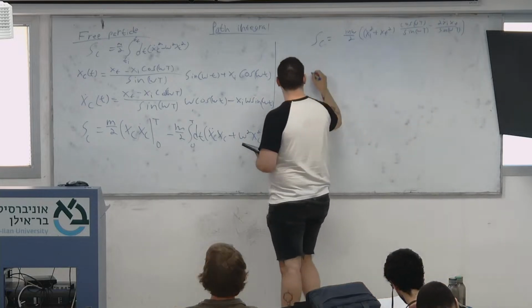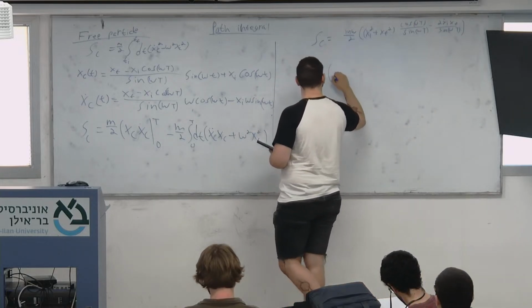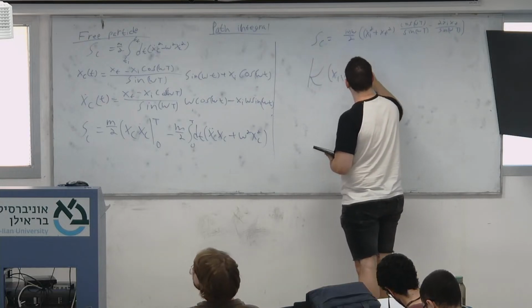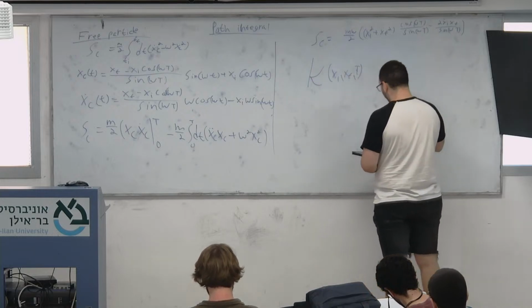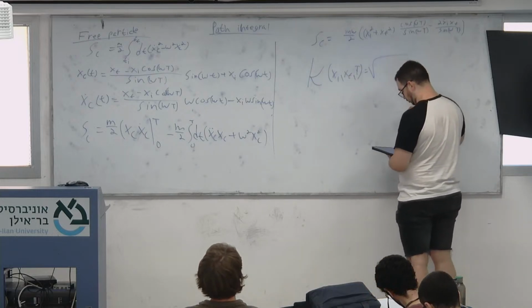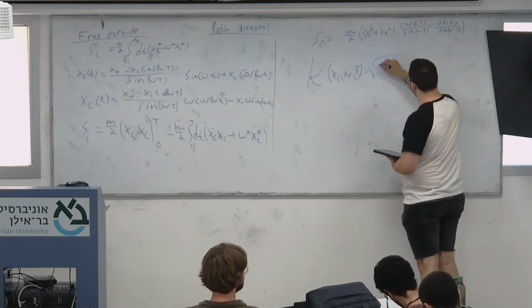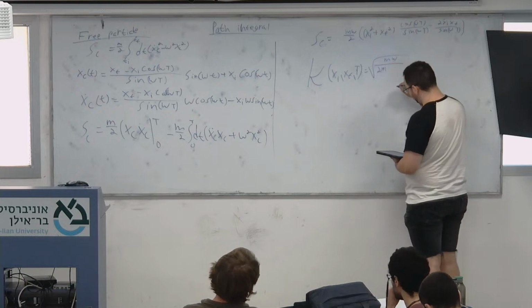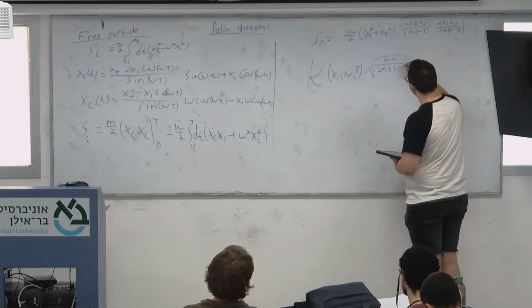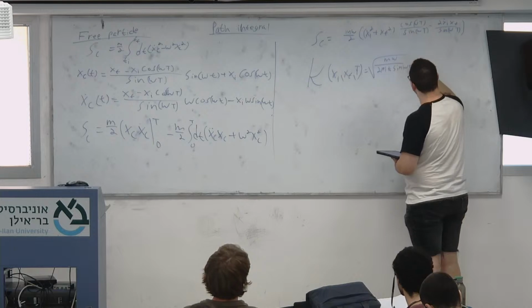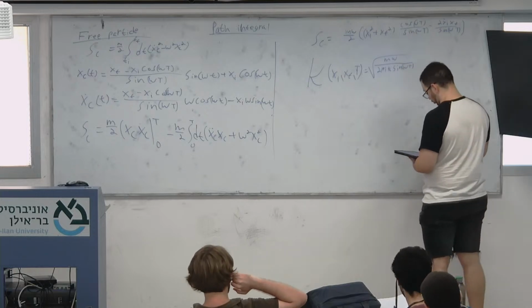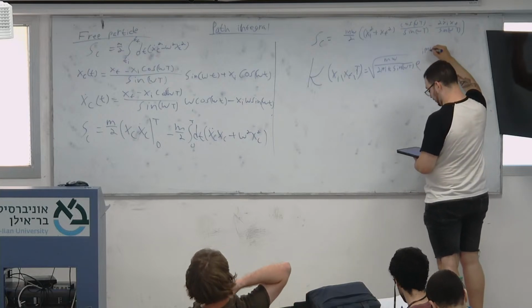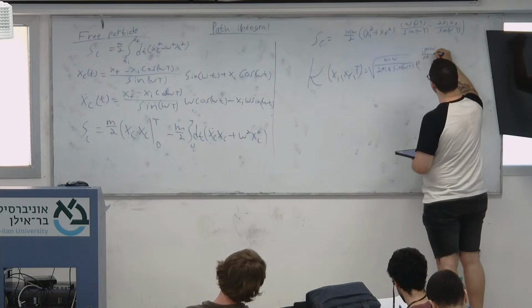Overall, propagator, square root of omega 2 pi I h bar sinus t, omega h bar.